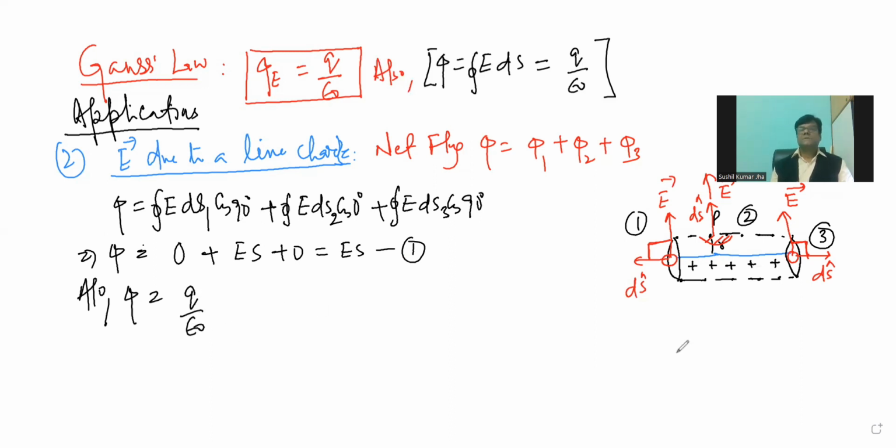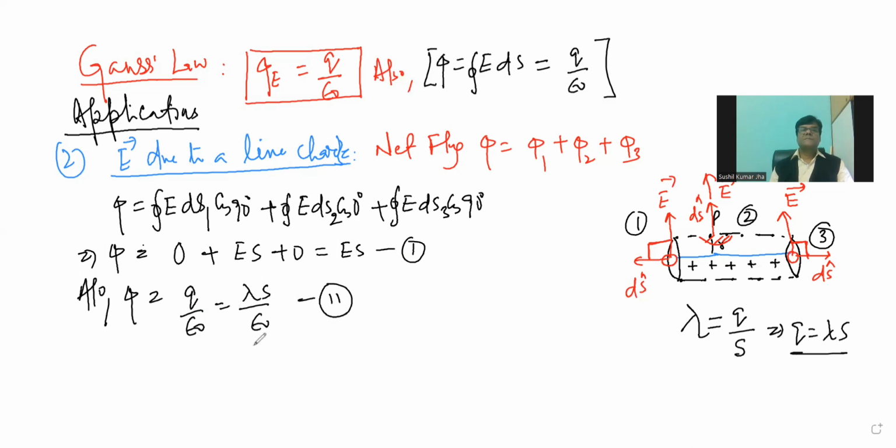But we know the linear charge density lambda is charge per unit surface area, Q upon S. So Q can be lambda into S. So we write lambda into S upon epsilon naught, equation number 2.